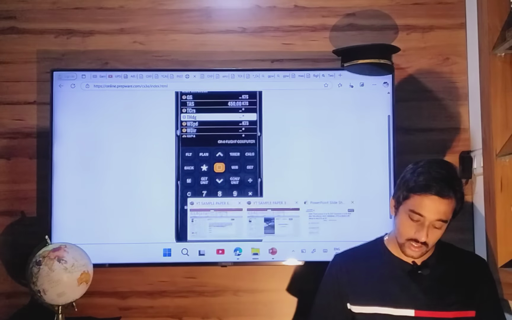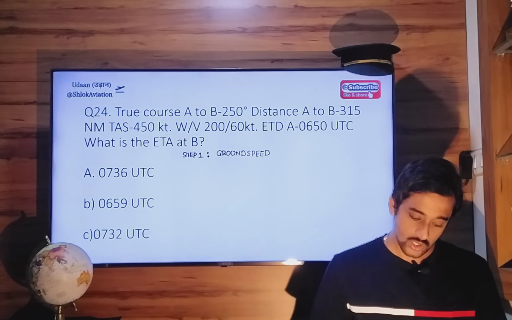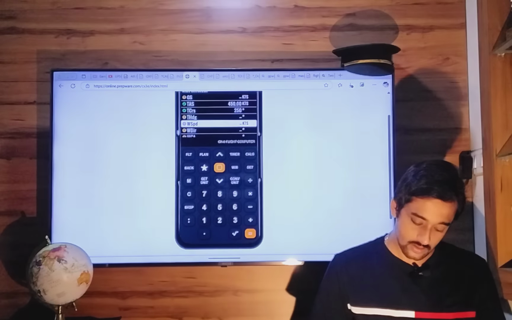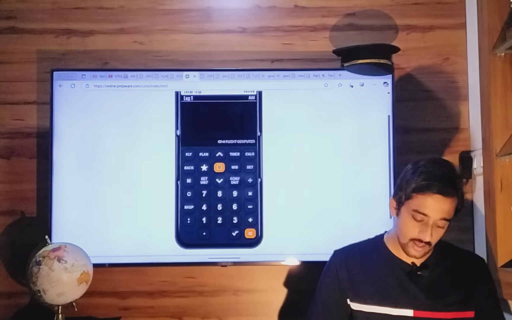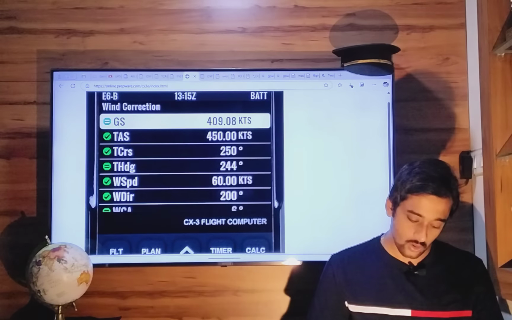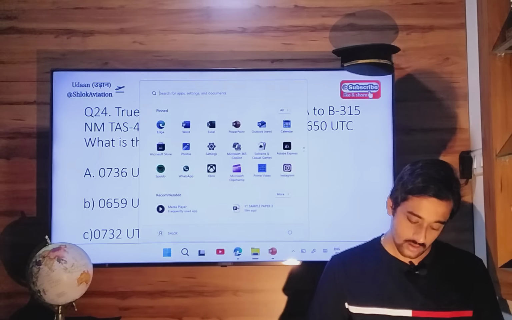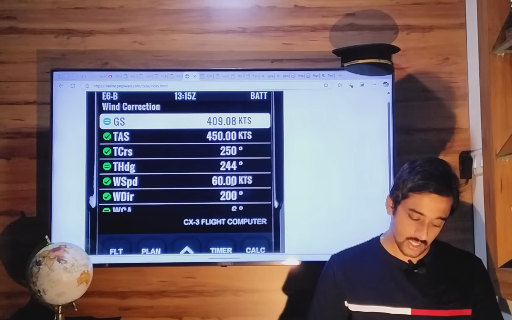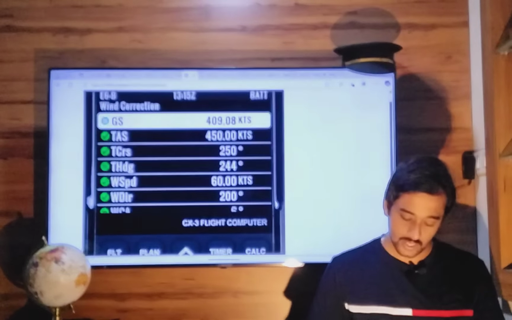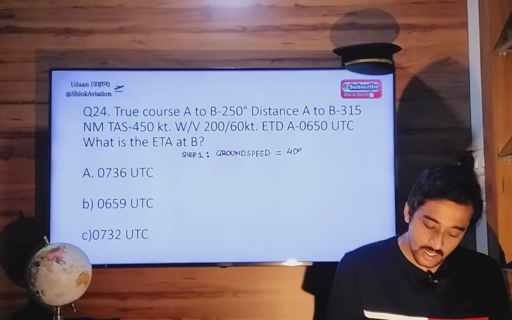True course is 250. Winds 200 at 60. So check the values once again: 450, course 250, wind 200 at 60. Okay, so this gives a ground speed of 409 knots.